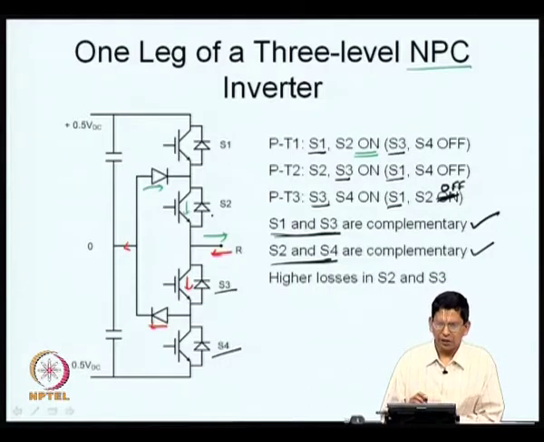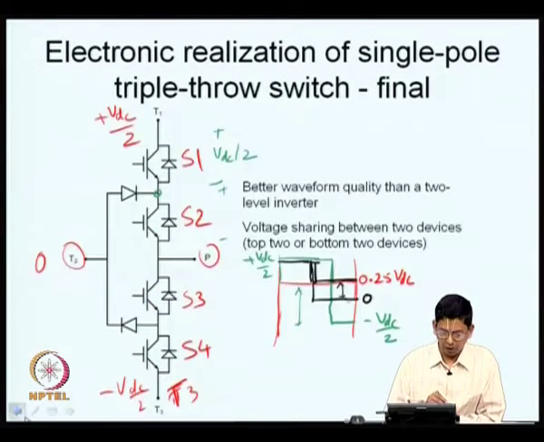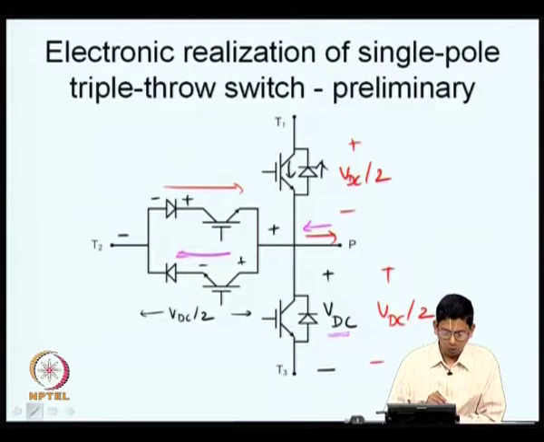Now, we have not really come up with a proper framework for calculating losses, which we will do much later, but nevertheless we have some idea of losses. Let us try and see how the losses will be different in different devices. If you take an earlier 2-level inverter, let us go back to one of the 2-level inverters.